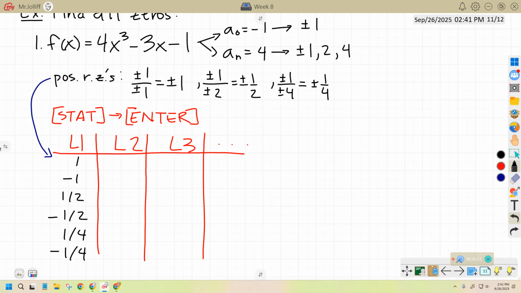We're all going to do it together. Stat, enter. You're going to fill list 1 with those numbers. Give you just a second until I see typing stop. Okay.